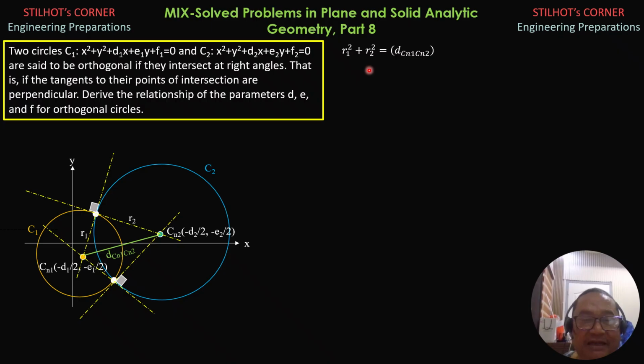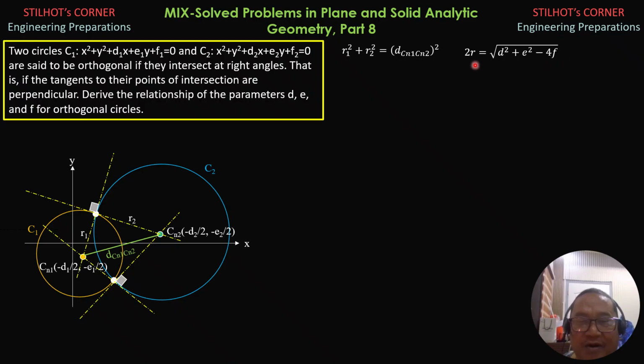And recall that I derived the diameter of a circle in terms of these coefficients. If you can recall from the playlist Engineering Review Materials, 2r equals the square root of d squared plus e squared minus 4 times the constant.